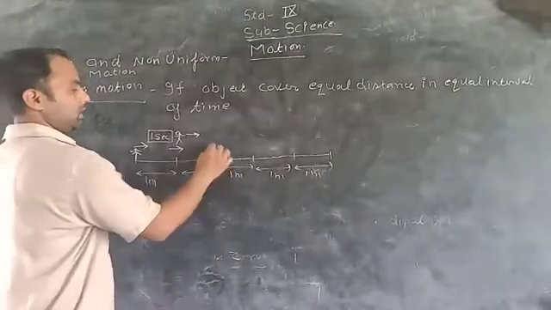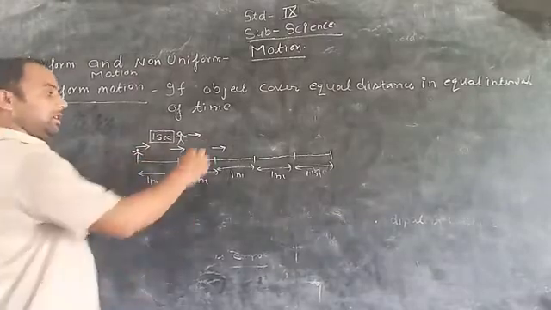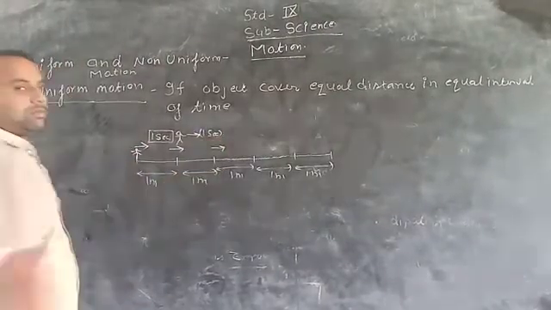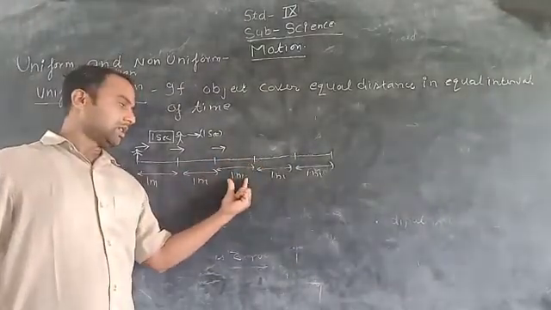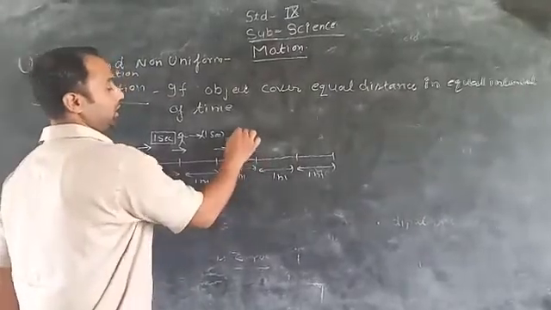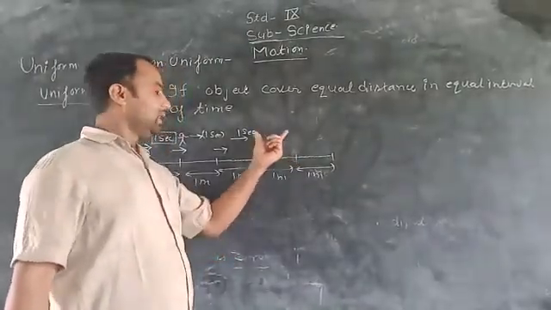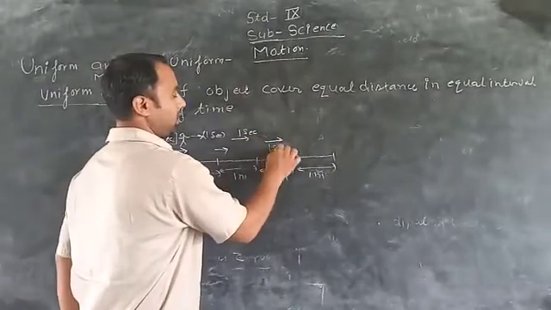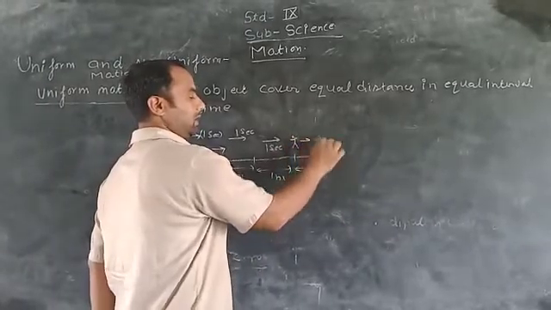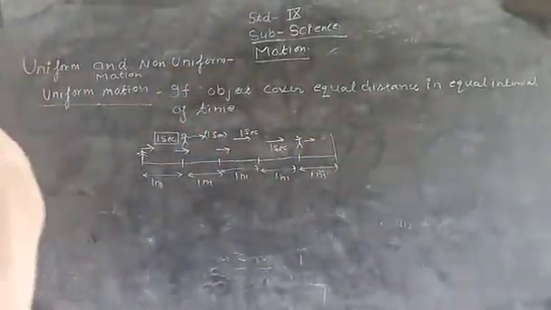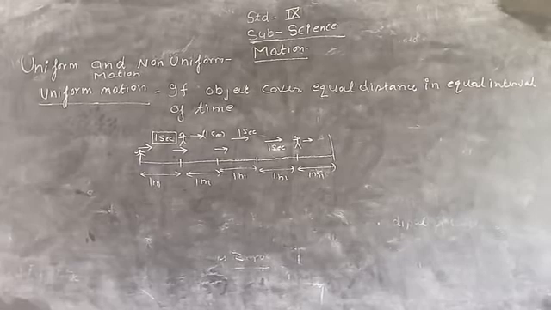Again from here to here, also 1 second. Then from here to here, 1 meter, also taking 1 second. And again from here to here, 1 second for 1 meter distance.